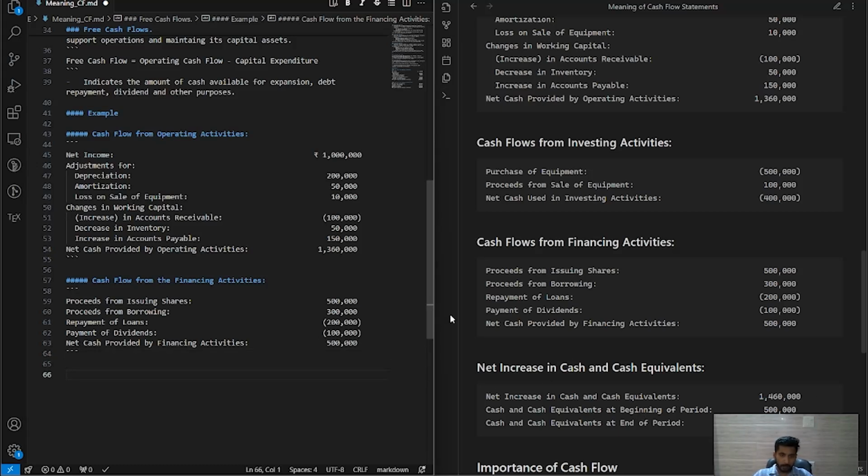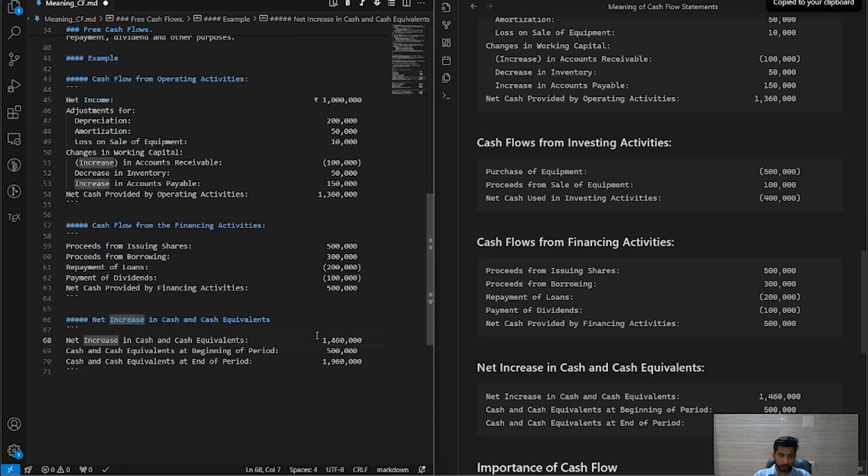Okay. Then third comes the net increase in cash and cash equivalents. The net increase in cash and cash equivalents is rupees 14 lakh 60,000.